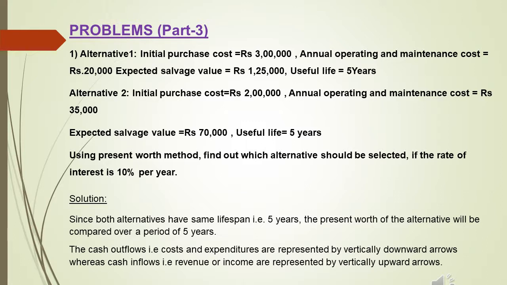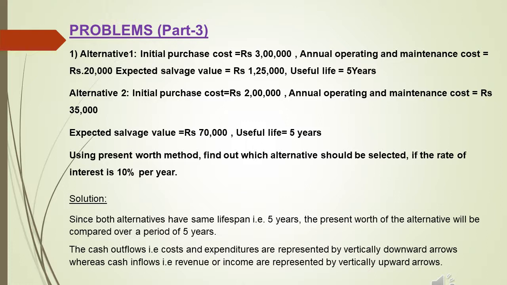Basically in the solution, you have to draw the cash flow diagram. I haven't drawn that cash flow diagram here; I will send you a picture of it separately in the group. Please refer to that and answer. So how are you going to draw the cash flow diagram?